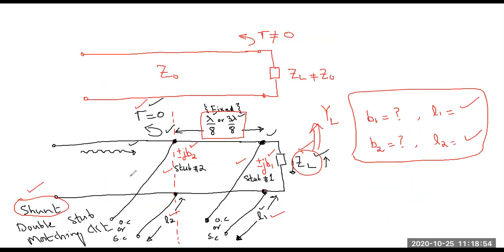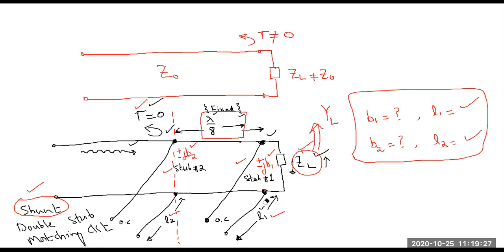It's always better to draw the circuit when you are solving a problem like this so that you don't make any mistake. So this is the problem. We are also going to use open circuited stubs. So let me remove this. Now, if you remember, whenever you are designing a shunt circuit, if the load is represented in terms of impedance, the first thing you need to do is transform the load impedance into load admittance.